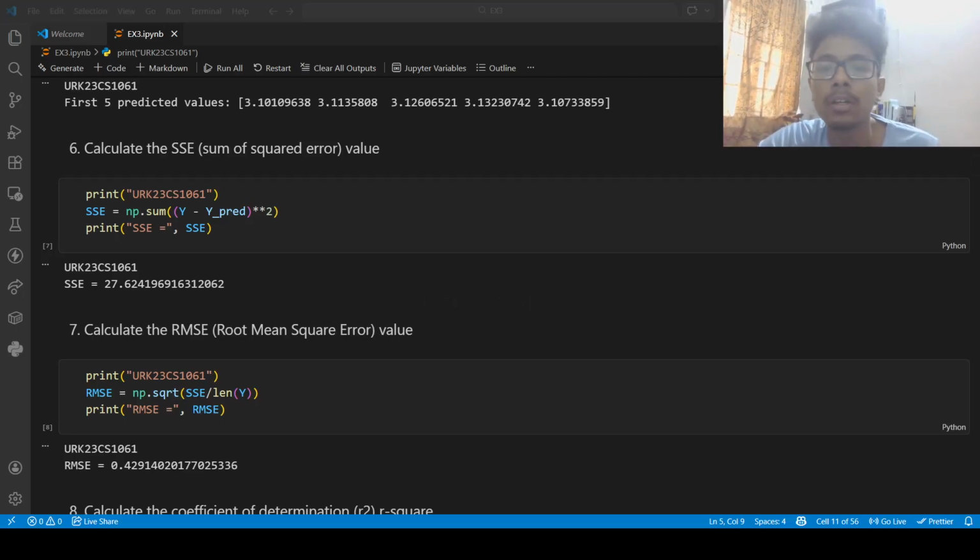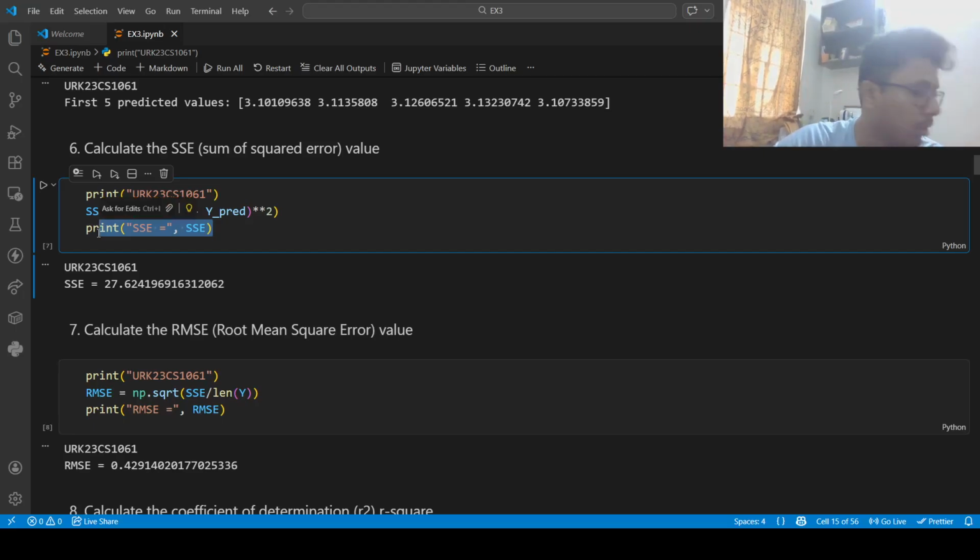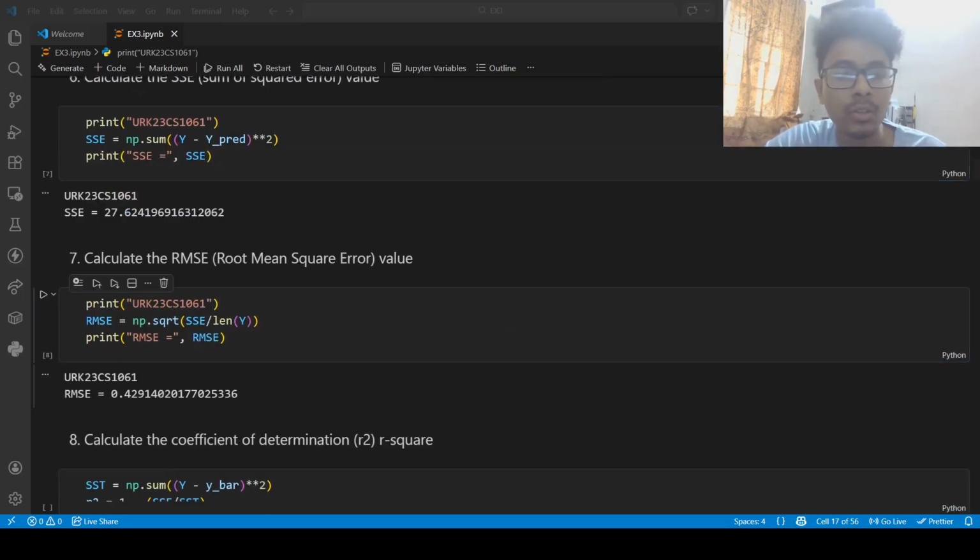The formula is the summation of (y minus y predicted) the whole square. I have applied this formula here using numpy and found SSE. Similarly, we go for RMSE. The RMSE formula is the square root of SSE divided by n.